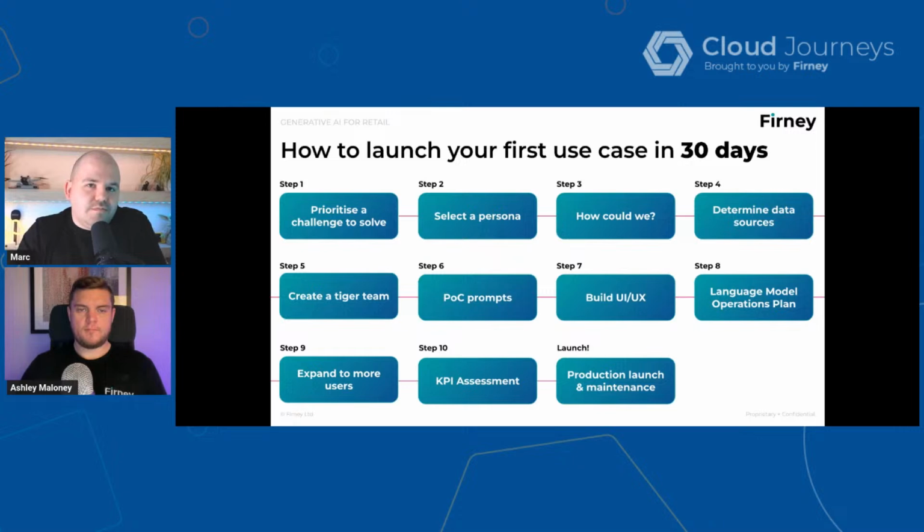That's the steps you need to go through, to understand what are the business challenges that we want to solve, and what initiatives could we come up with to solve them using Gen AI. And then from that, which of those use cases has the business value? Which ones are going to make the most impact?